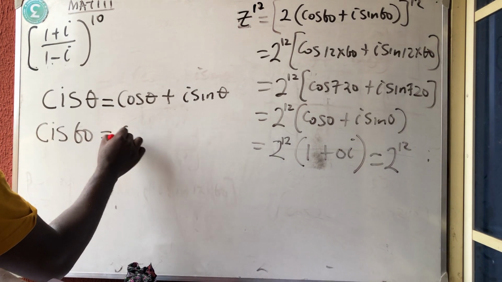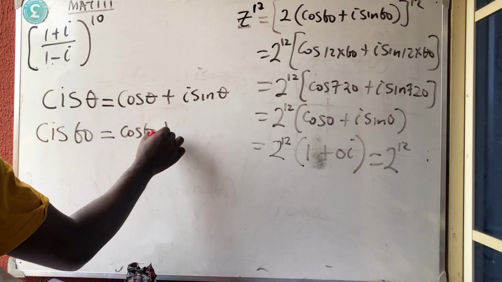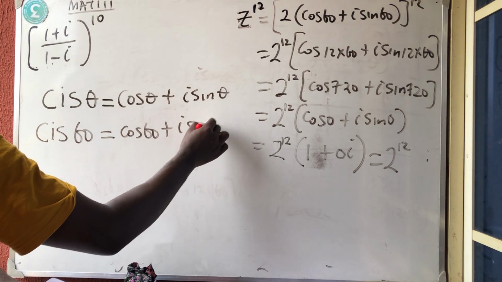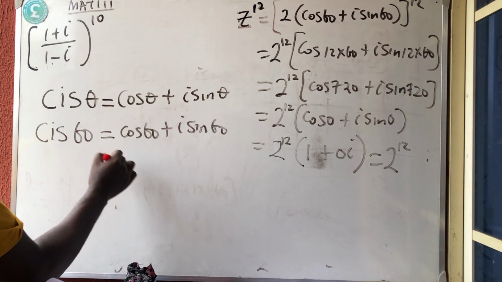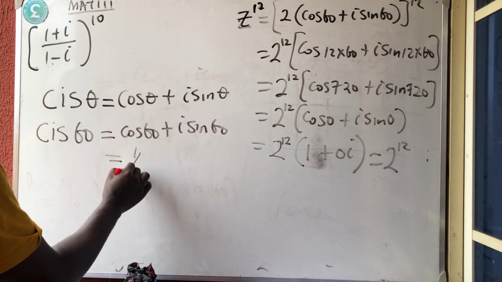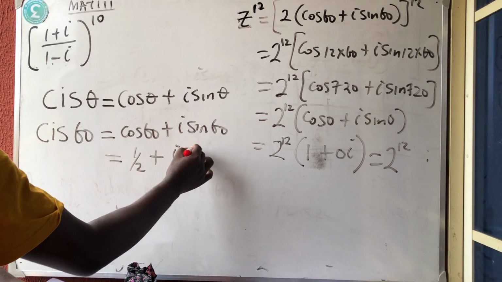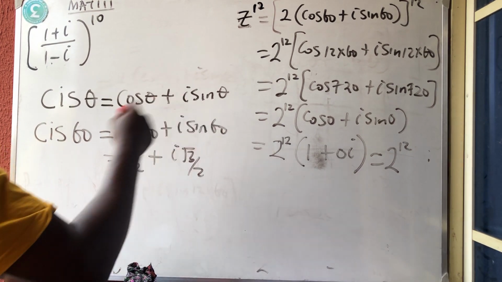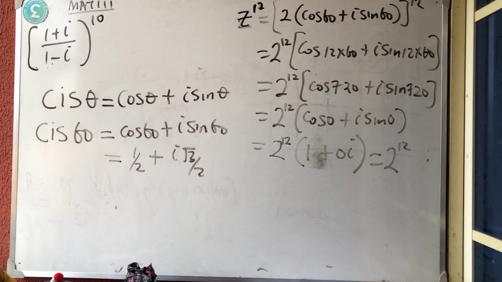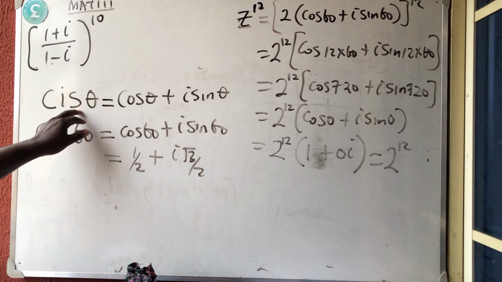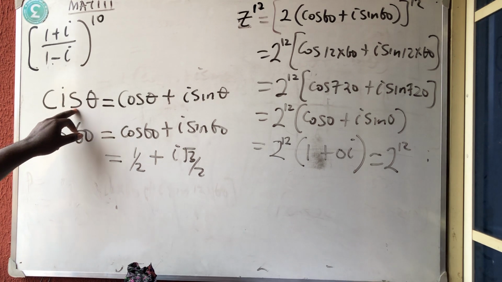It is equal to saying cos 60 plus i sin 60, which is 1 over 2 plus i root 3 over 2, because sin 60 is root 3 over 2, and that is the answer. So don't forget that cis theta means cos theta plus i sin theta.